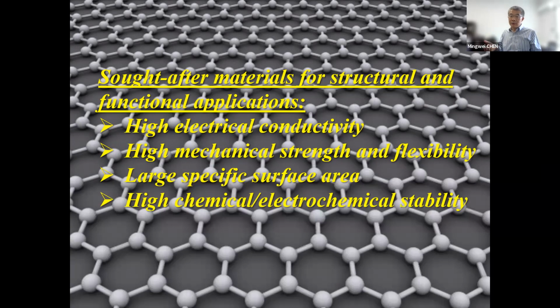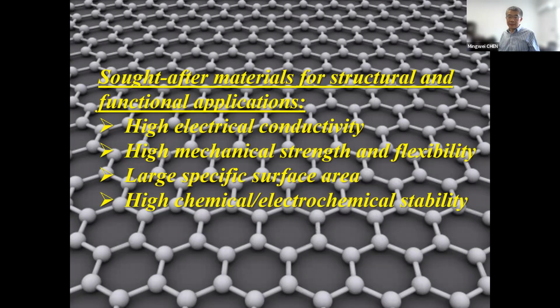More important for many applications, graphene has a large specific surface area, reported at 2,000 square meters per gram. Of course, that may not be as large as MOFs or COFs, which give something like 6,000 or 100,000, but 2,000 square meters per gram is definitely a huge area.